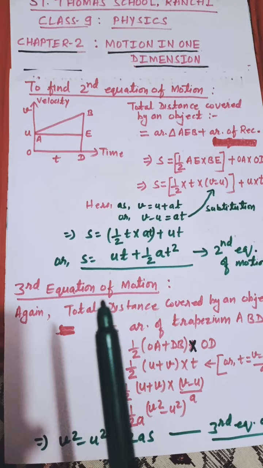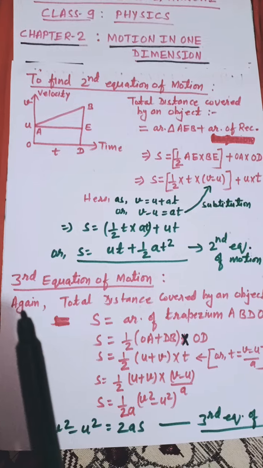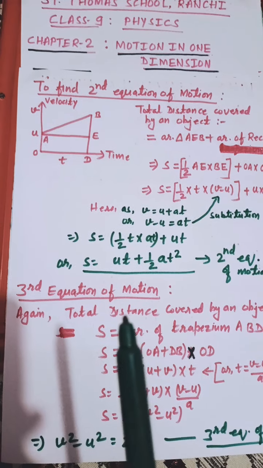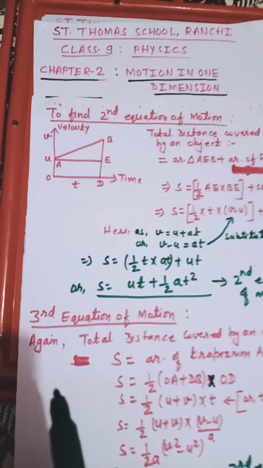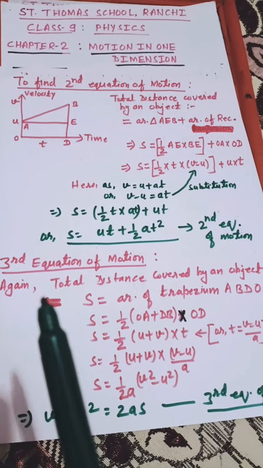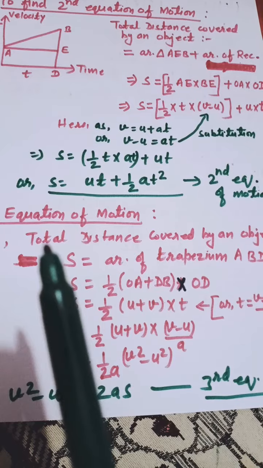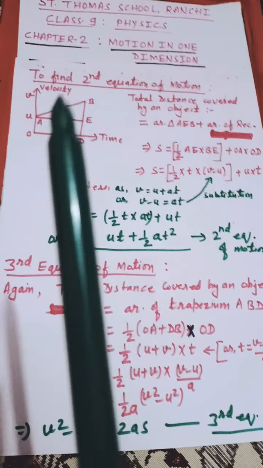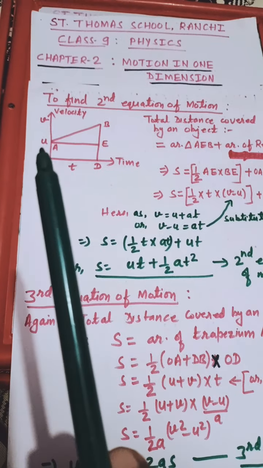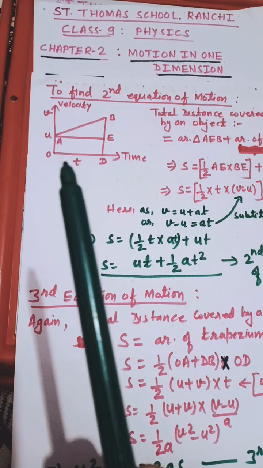Now come to the third equation of motion. To find it, again we find the total distance covered by an object. In this graph we see this is a trapezium.